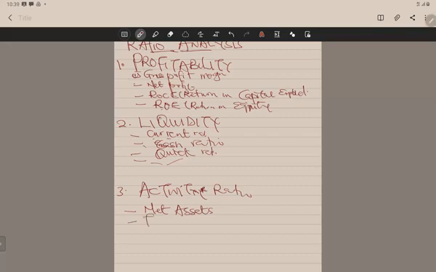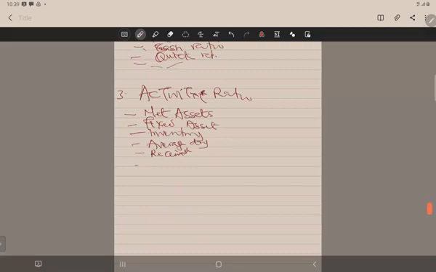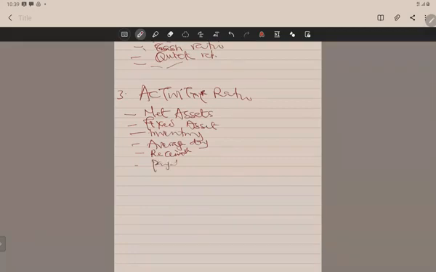So we have net assets turnover, fixed assets turnover, stock turnover, or what you call inventory turnover, average days, receivables turnover, and payable turnover.